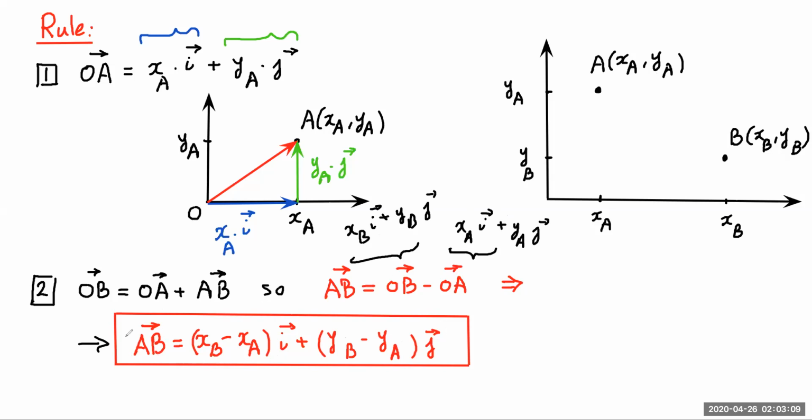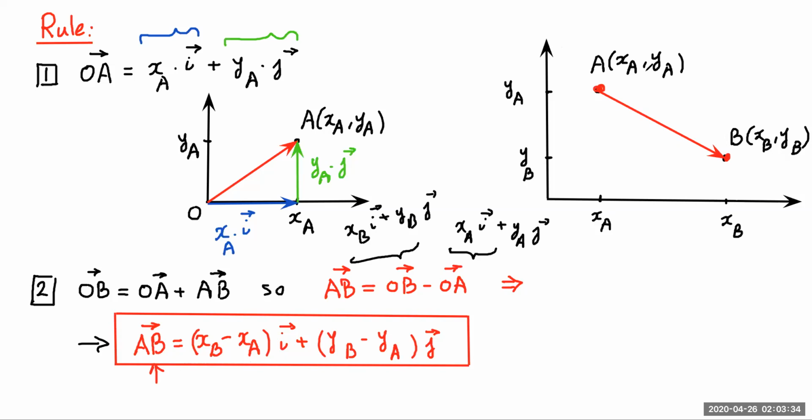So now this vector AB, I will sketch it in red, from A to B. We can understand the formula like this. This vector AB could be written as the x of the ending, the point B, minus x of the beginning, times the vector i.